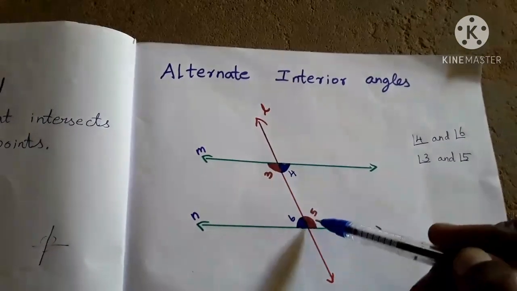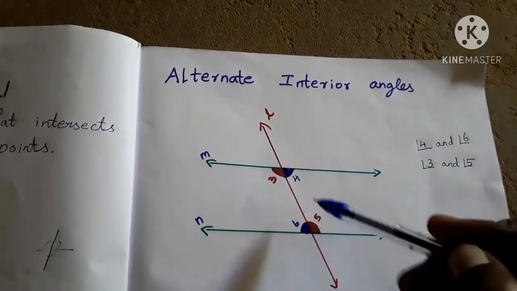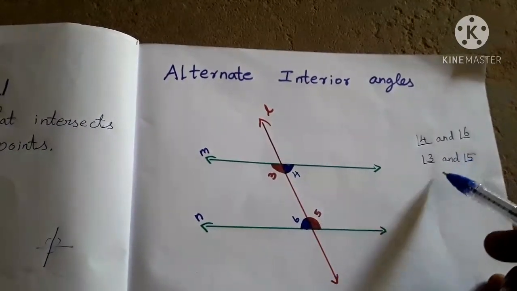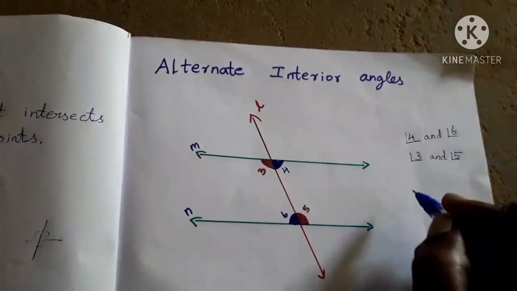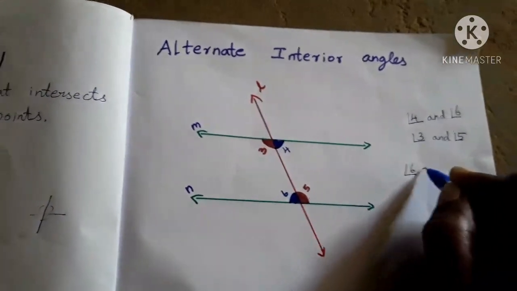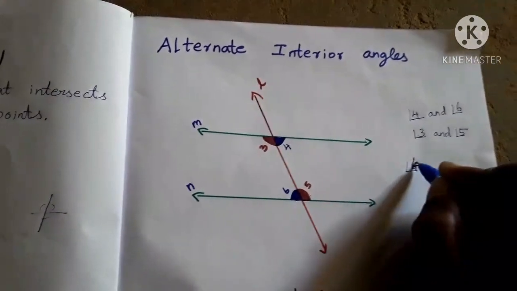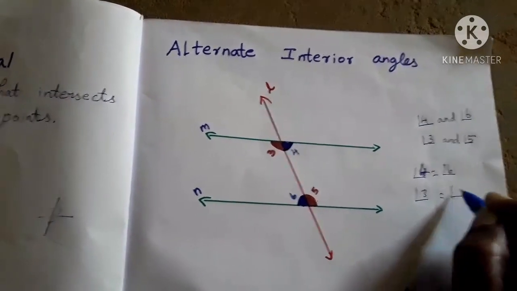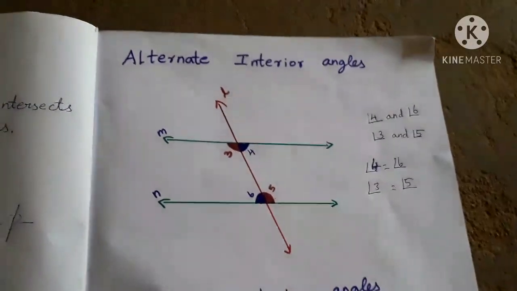So the first pair is angle 4 and angle 6, next angle 3 and angle 5. These are also equal: angle 4 is equal to angle 6, angle 3 is equal to angle 5.